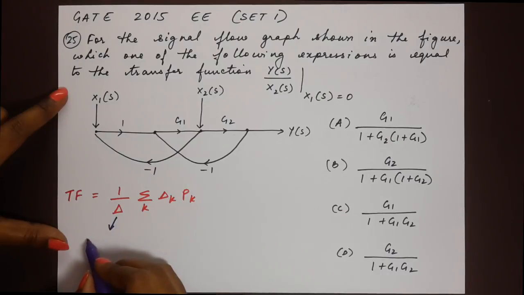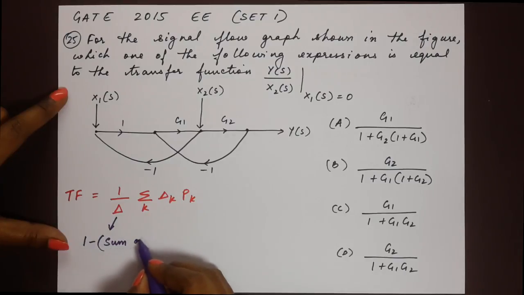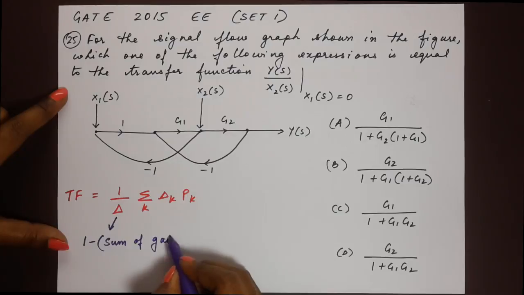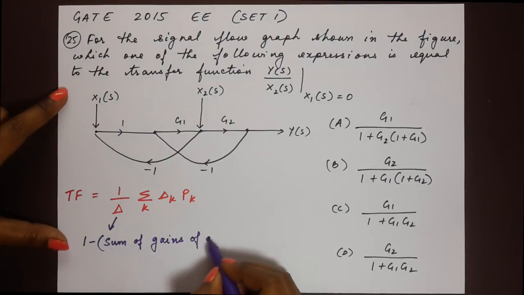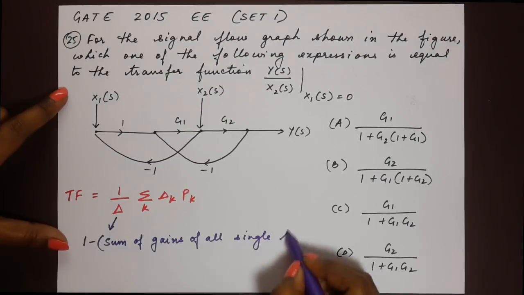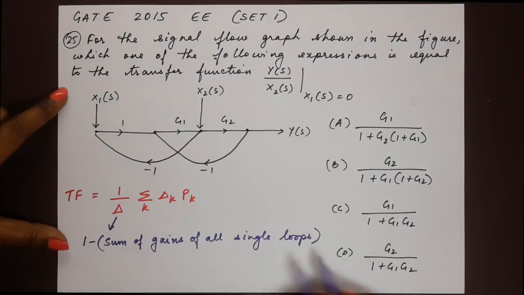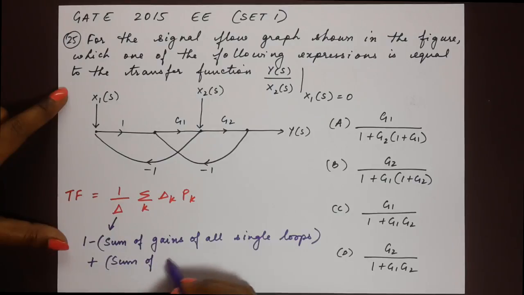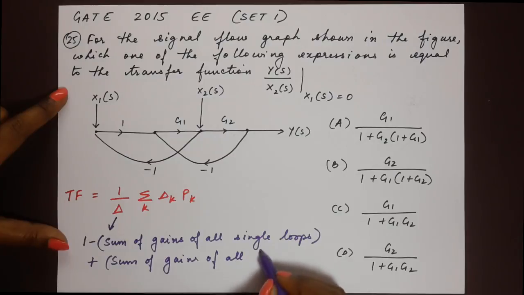Now delta is written as 1 minus the sum of gains of all single loops plus the sum of gains of all 2 non-touching loops.